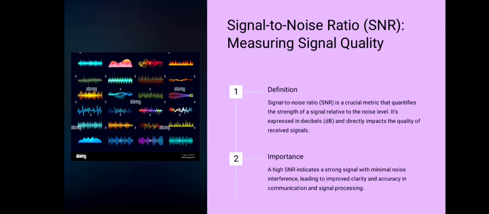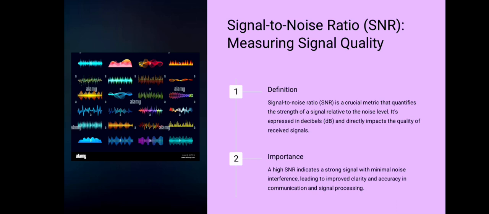Signal to noise ratio, or SNR, is a crucial measure that determines the quality of a signal by comparing its strength to the level of noise. Now when we talk about the definition, SNR is defined as the ratio of signal power to noise power, usually expressed in decibels.